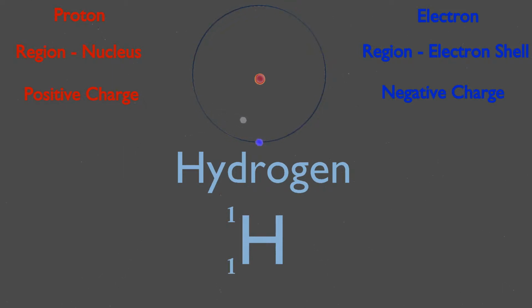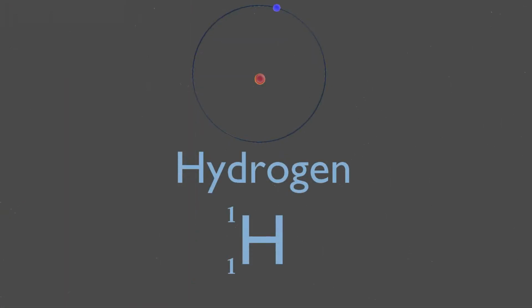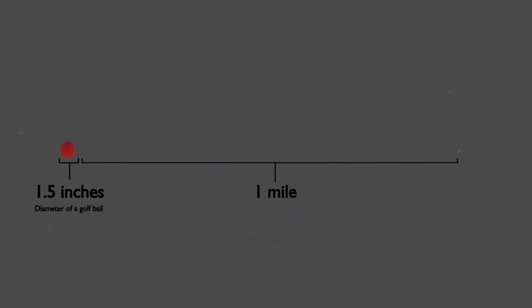One thing to note is that this model is not drawn to scale. In actuality, the electron is about 2,000 times smaller than the proton, which usually isn't reflected by the models and images. The radius of this orbit here is also not drawn to scale, because if this proton were represented by a golf ball in a real hydrogen atom, this electron could be as far as a mile away from the proton.